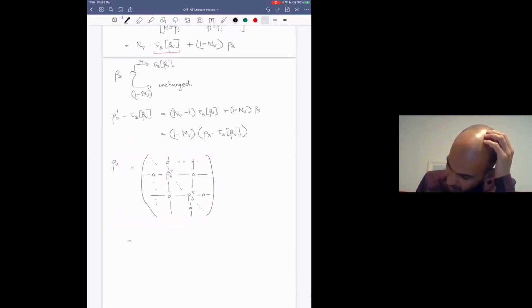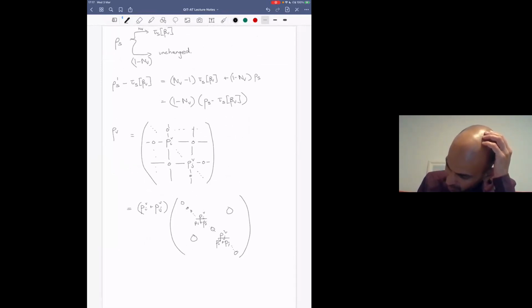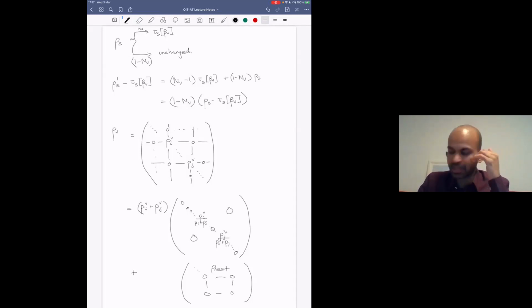I can write it as PIV plus PJV times this density matrix, which has PIV upon PIV plus PJV and PJV upon PIV plus PJV in the two-by-two block, with zeros everywhere else, plus what I have remaining, which is 1 minus PIV plus PJV times, well, actually, let me just say plus the rest of the density matrix that I didn't write in the first place, with zeros in these places.